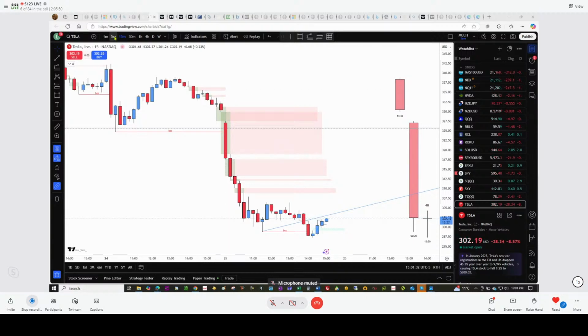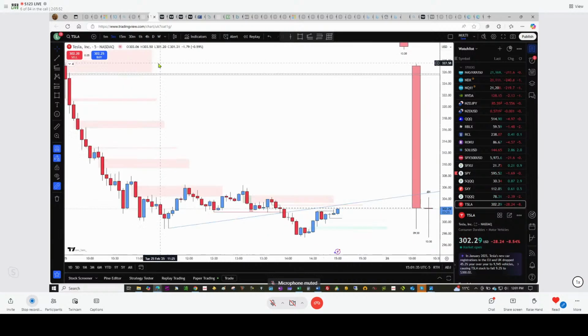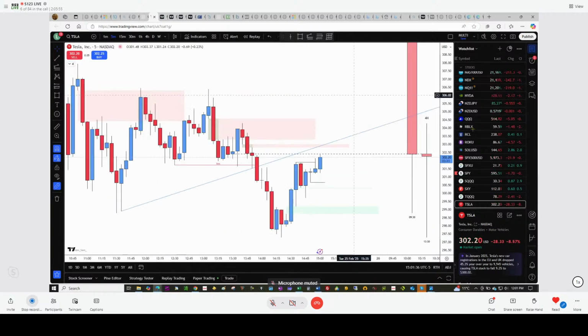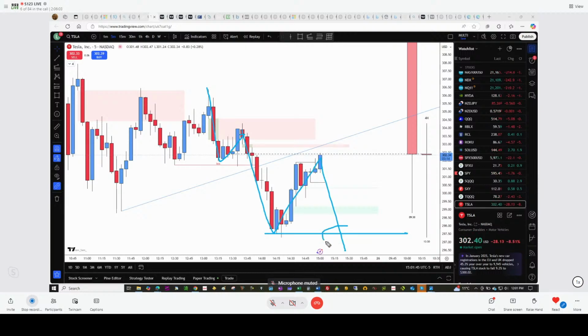Is that what you were looking for? Okay, let me go down to the 5. We'll see it a little better on the 1 minute. Okay, so on the 5, we have this 1-2 here. So it would seem that we should get this move to come back down and take out this low. That's kind of what I was thinking could happen, but we could be done because they might not give us a 5th wave here.